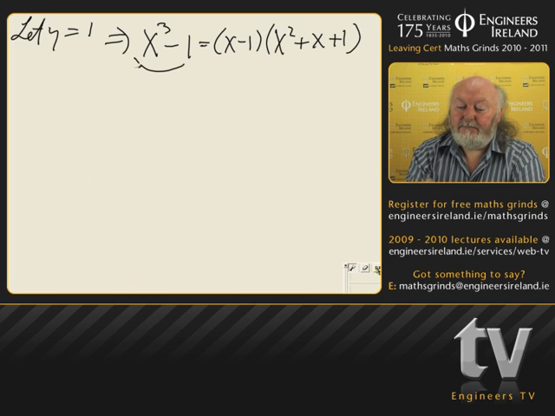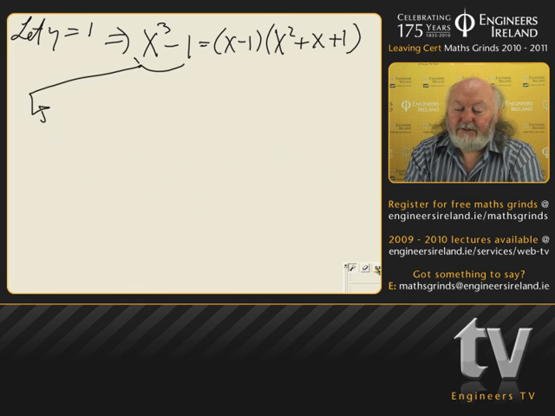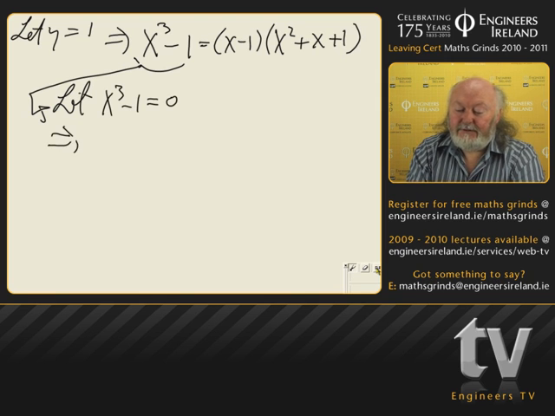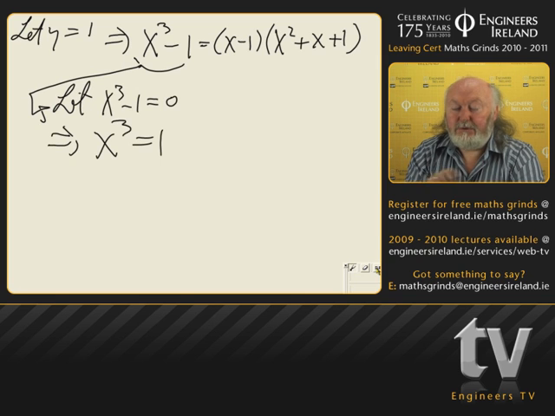Let's see this piece here. If I say let x cubed minus 1 equals 0, that implies x cubed equals 1.